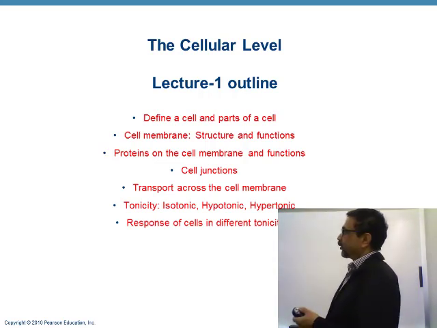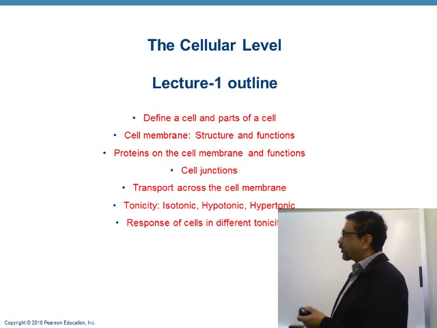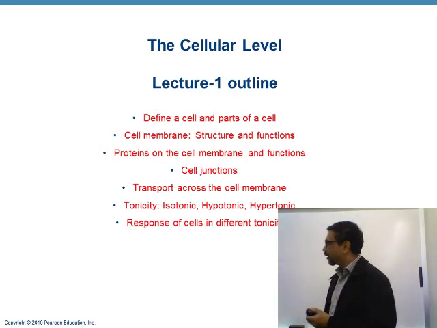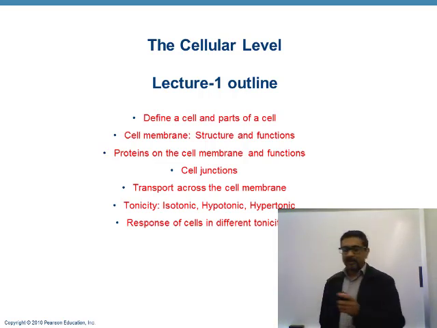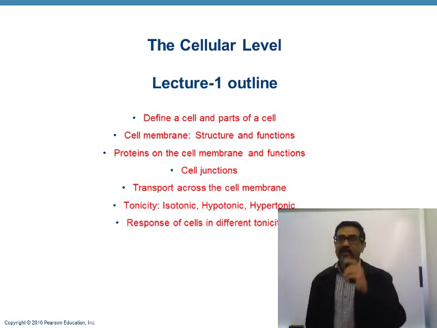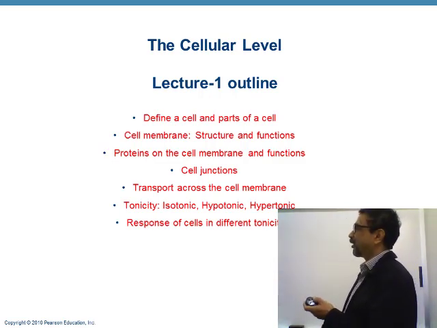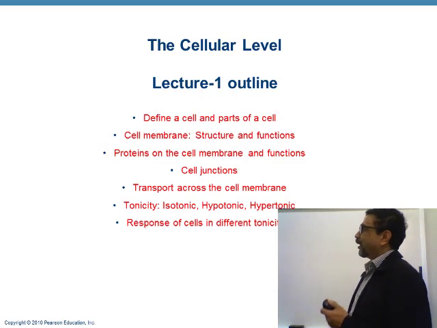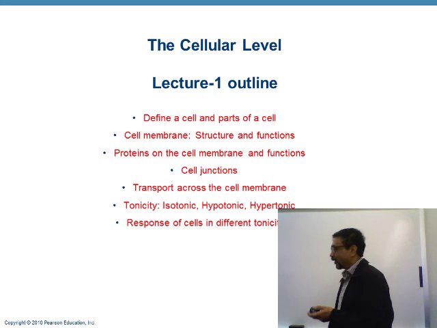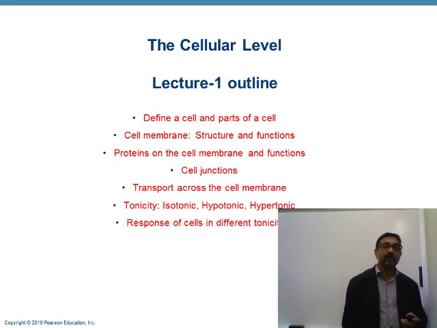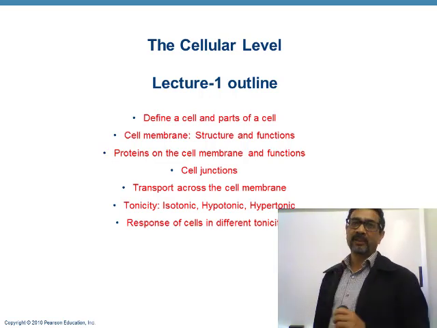So, first we will see the definition of a cell and the parts of a typical cell. Then we'll talk about the cell membrane. We'll see the structure of the cell membrane and the function of the cell membrane. Then we'll talk about the proteins present in the cell membrane. In the cell membrane, there are two types of proteins and they perform some very important functions.